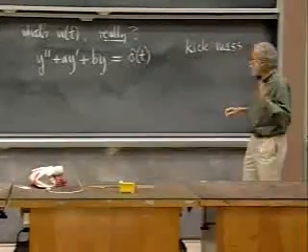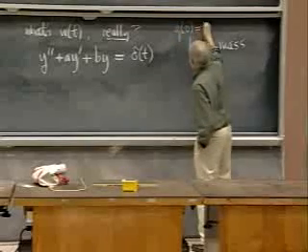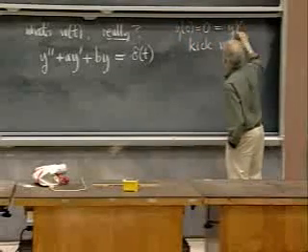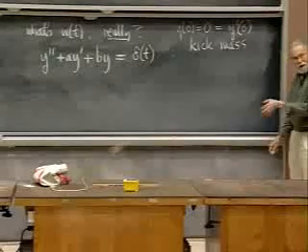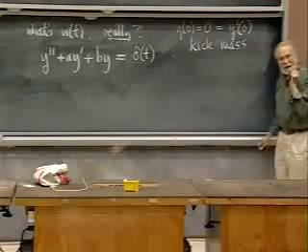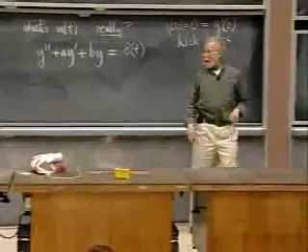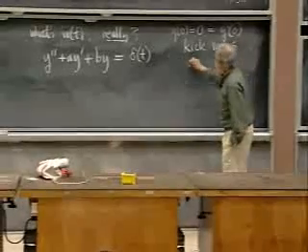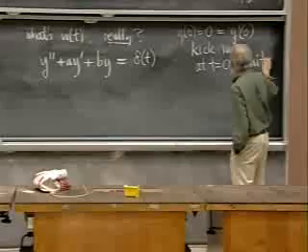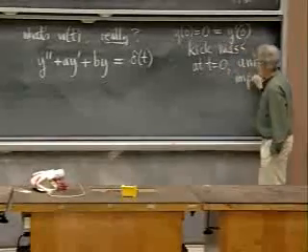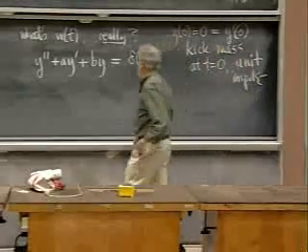The mass starts at rest, so the initial conditions are what they were before: y of 0 and y prime of 0, both 0. The mass starts at rest from the equilibrium position, and it's kicked in the positive direction with unit impulse at time 0. In other words, kick it just hard enough that you impart a unit impulse.